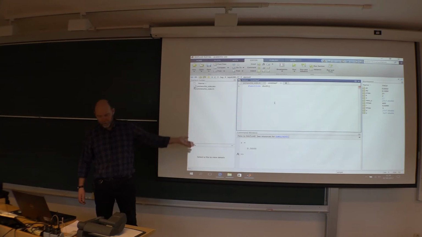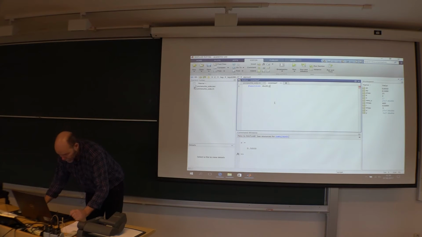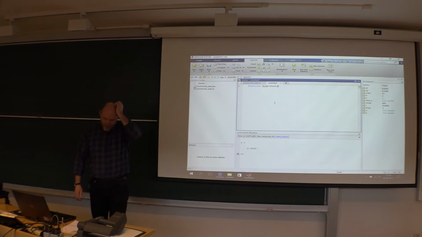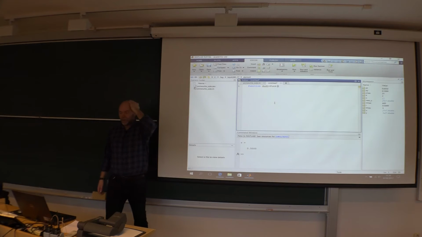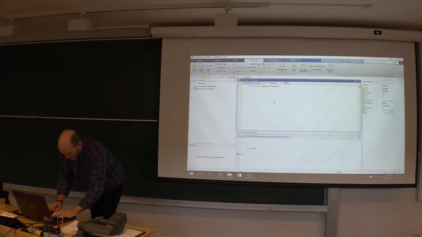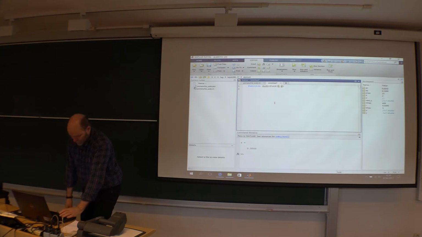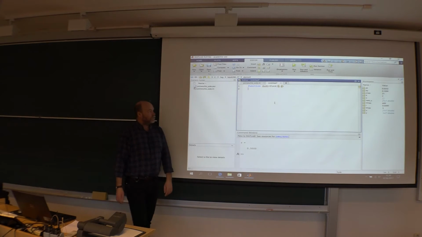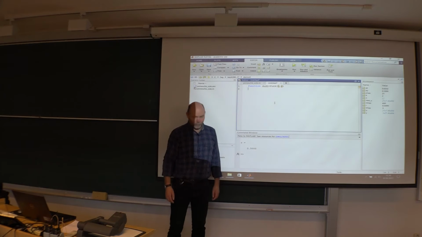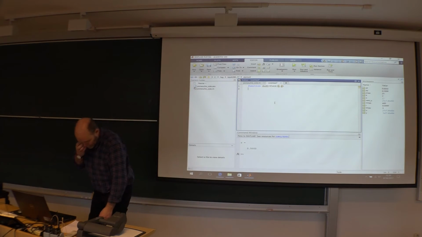The name is only used inside this file. But the next name has to be the name of the function file itself. And the standard notation for using ODE solvers, you have to have time and you have to have a vector inside here. So in all examples they always use t and y. We can do that as well. That's quite okay.